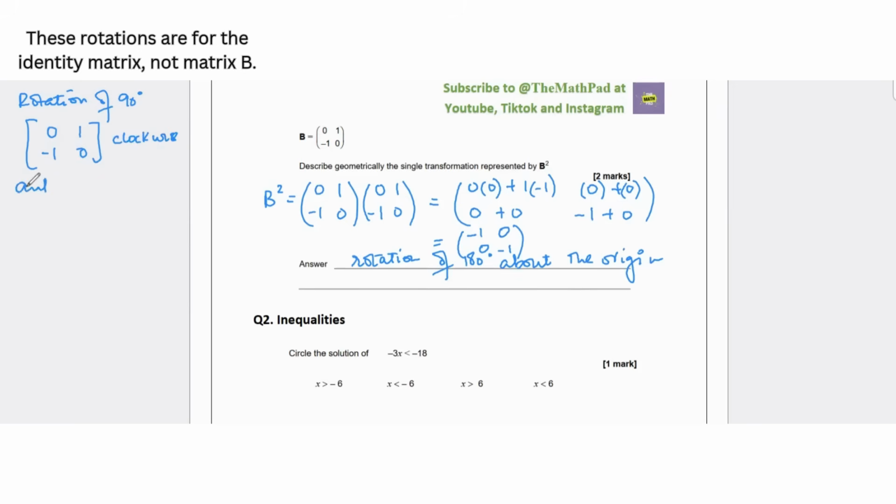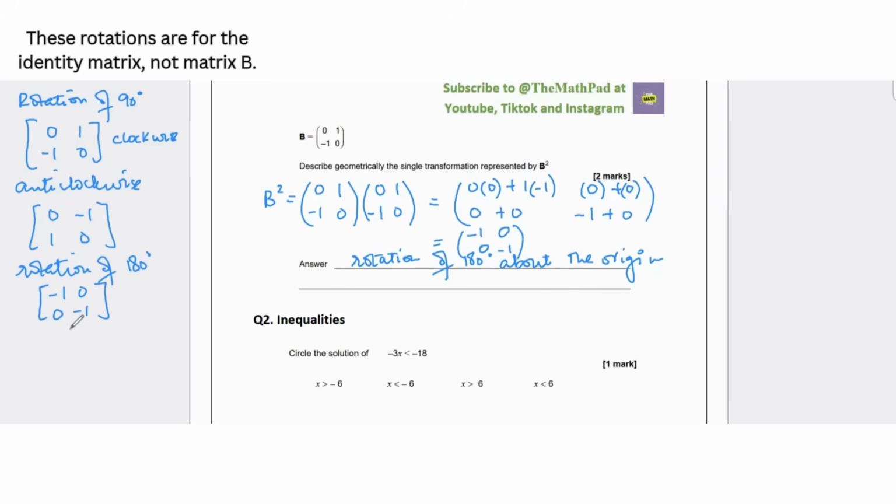If it's anti-clockwise, then it's going to be 0, negative 1, 1, 0. Then if it's a rotation of 180 degrees, this is it, negative 1, 0, 0, negative 1.